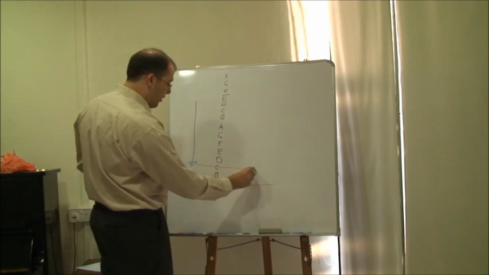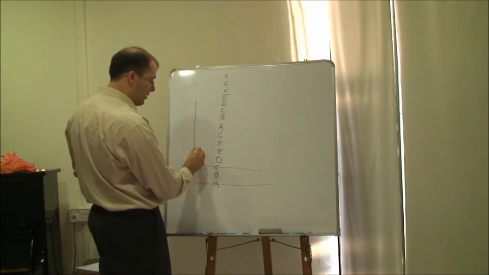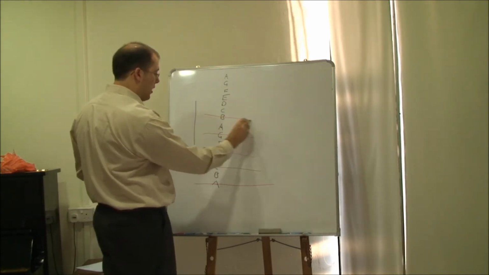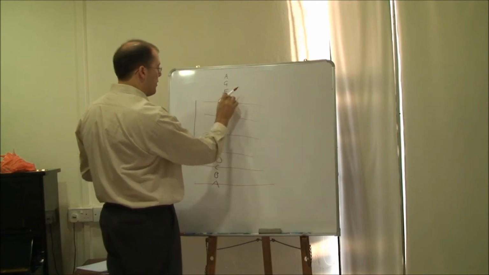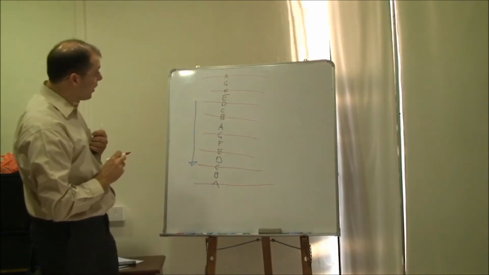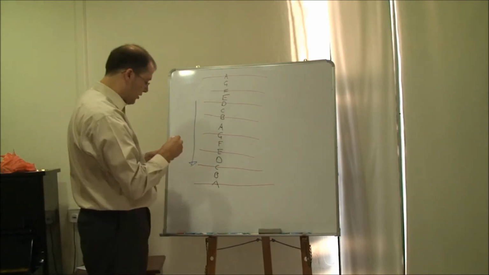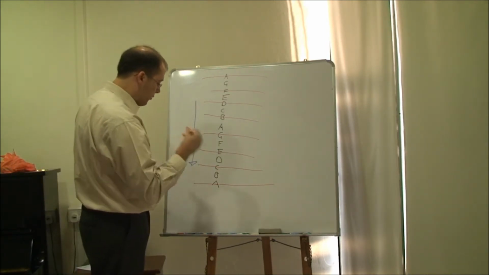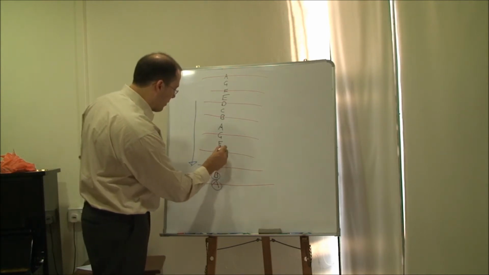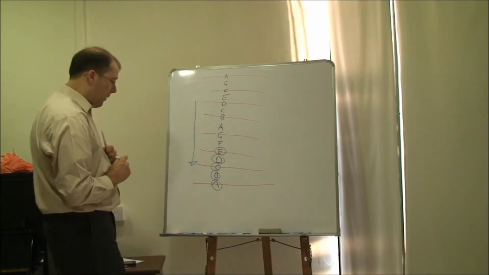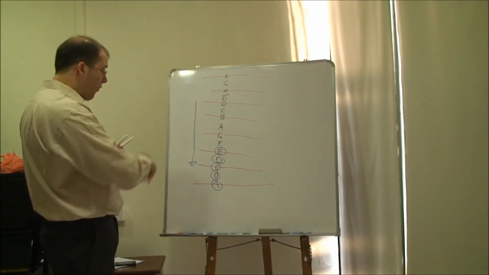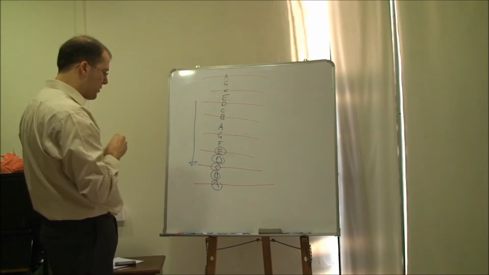The next note will be on a line, and the next in a space. Line, space, line, space, line, space, line, space, line, space, line. So each one of these would be an individual note. Note, note, note, note, and so forth. And so that's the basic principle of how we do the note names.